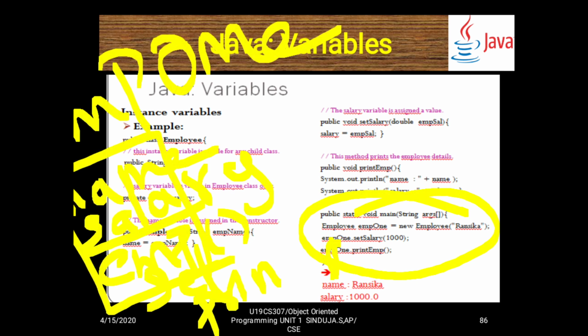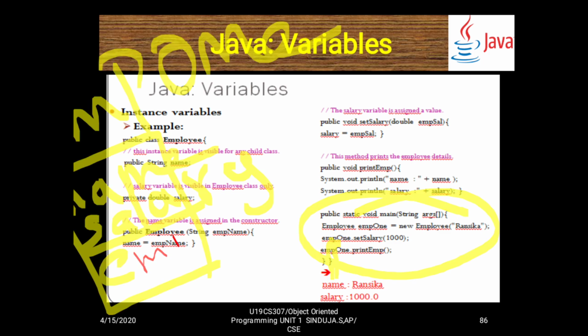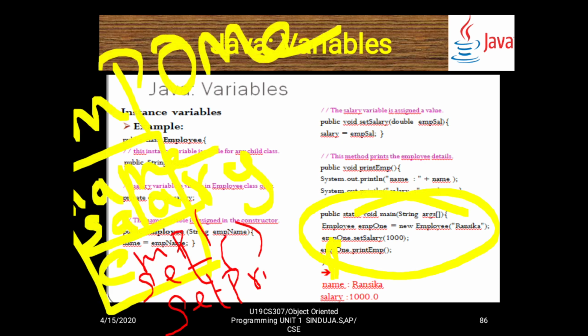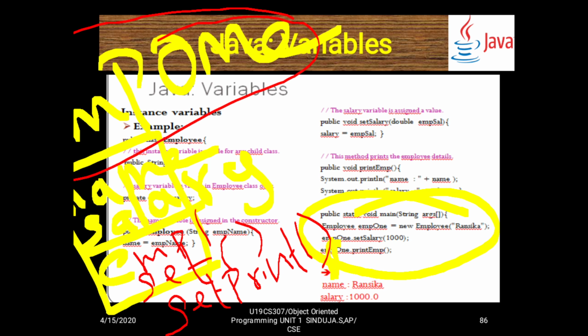Let me write the function names with different colors so that you will understand. So the first function is Employee, the second function is setSalary, and another one is the print function. So these are the member functions available for the object emp1. Okay, is that clear?